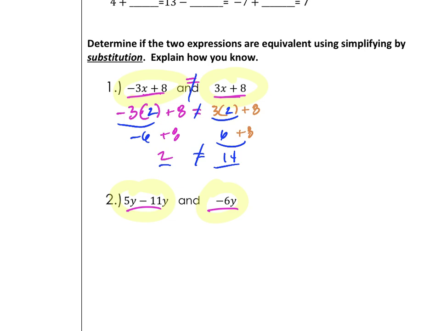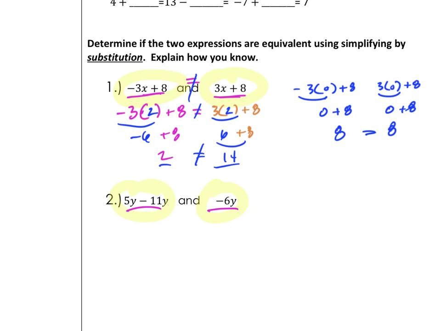If I put 0 in here, watch what happens. Negative 3 times 0 plus 8, and the other one was 3 times 0 plus 8. Negative 3 times 0 is 0, plus 8, and that's 8. And 3 times 0 is 0 plus 8, and that's 8.